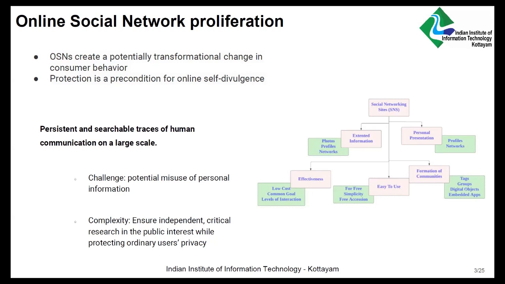When you give your information through social networks like Facebook or Instagram, you're giving your profile photo, your profile information, even information about your parents, friends, and everybody possible. So the challenge is that this information can get misused. Ensuring privacy for all the data that you give to online social networks is a critical thing.